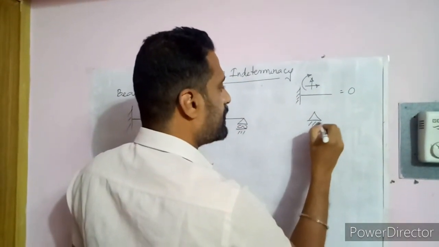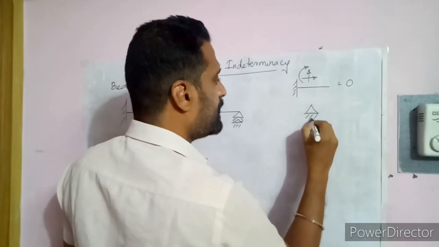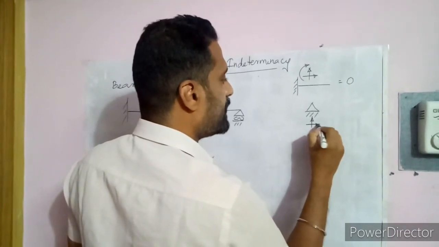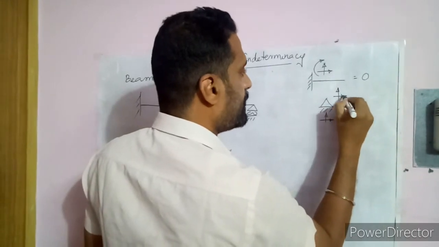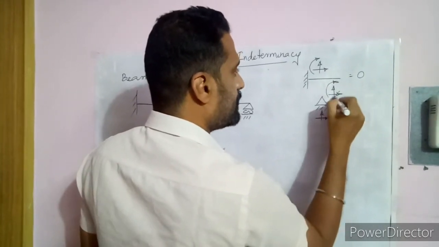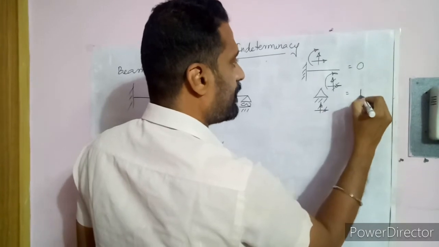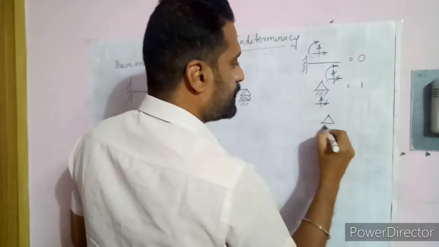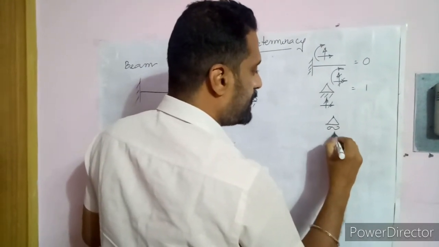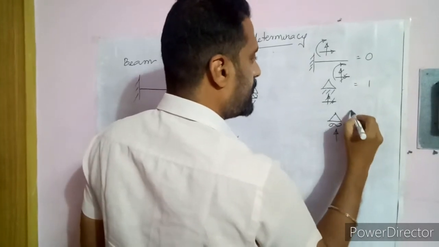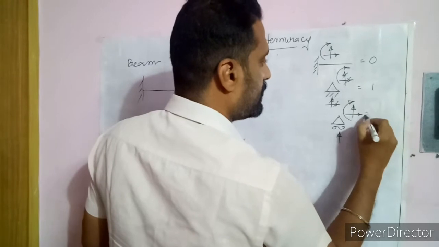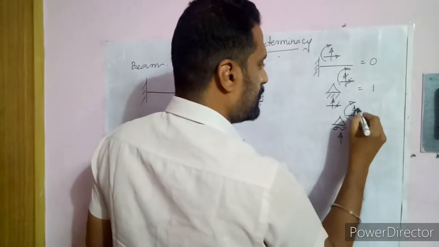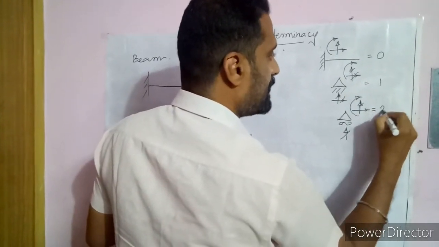In the case of simply supported, it resists the horizontal and vertical, so when we compare to the standard deformations, these both get cancelled, and the value will be 1. In the case of the roller, it takes only the vertical, so when we compare with the standard deformations, the vertical alone gets cancelled, and the rest will be 2.